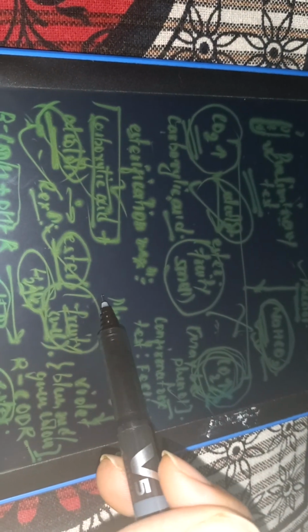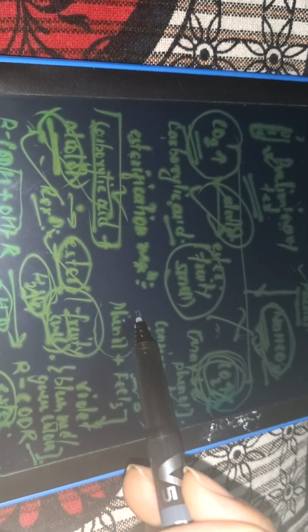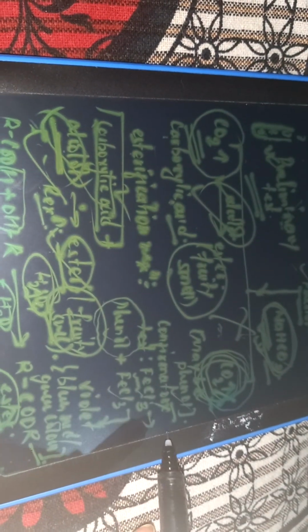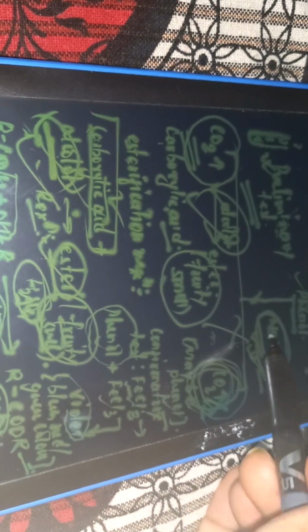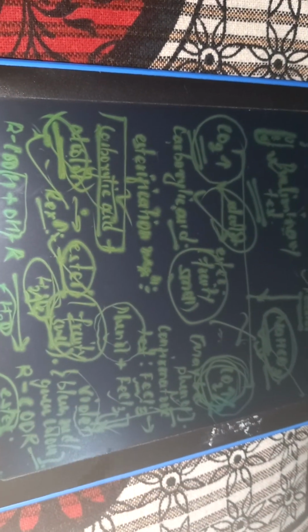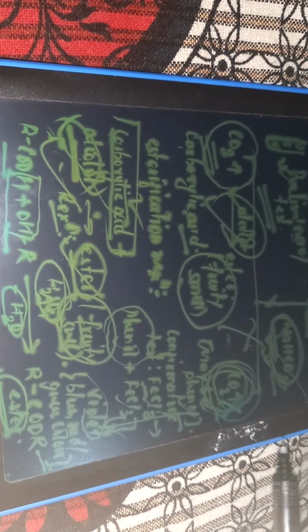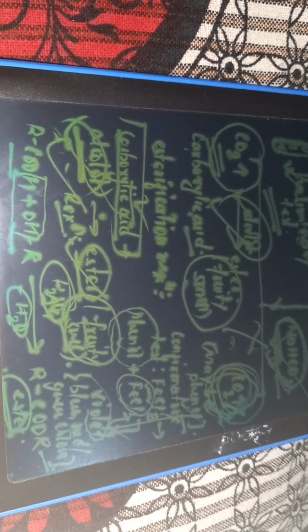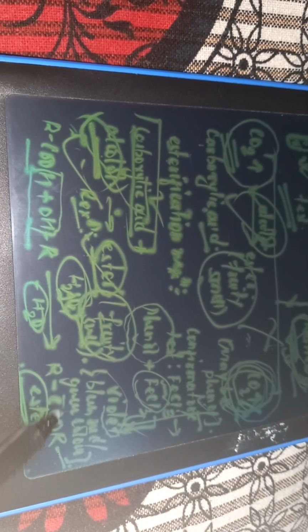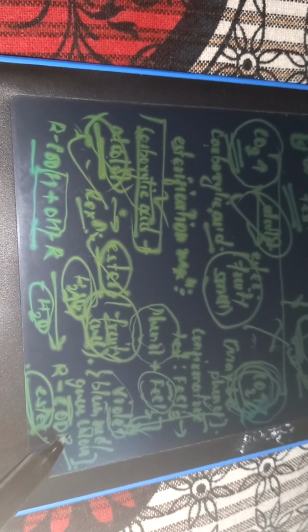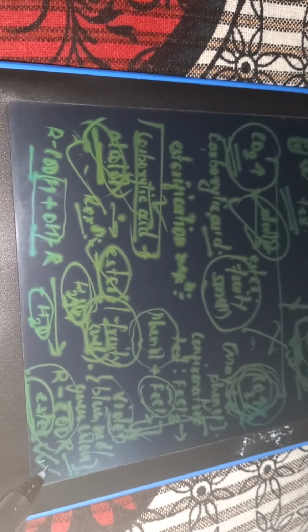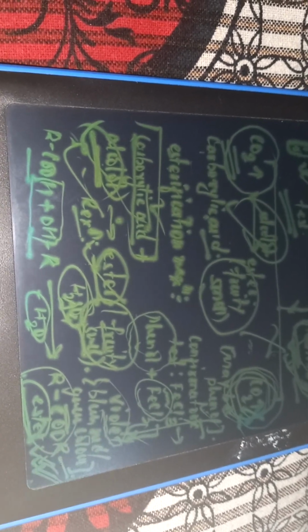If you react phenol with ferric chloride, it will give a violet color, and this reaction should also give the violet color. If you obtain this on reacting with FeCl3, then you have to write that it gives violet, red or green color as a phenol. That's all for acidic nature.